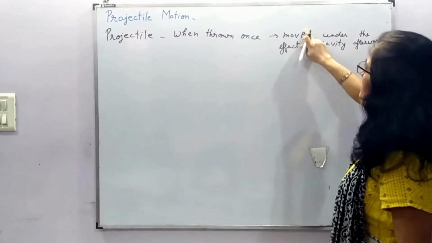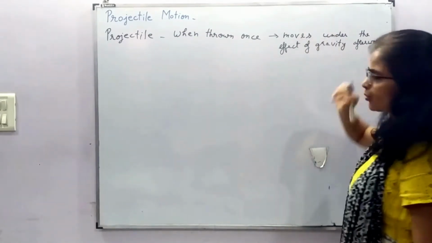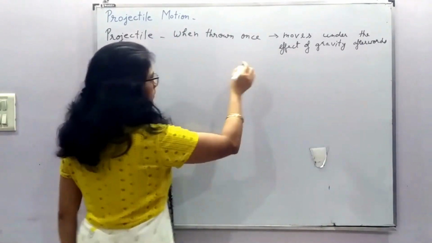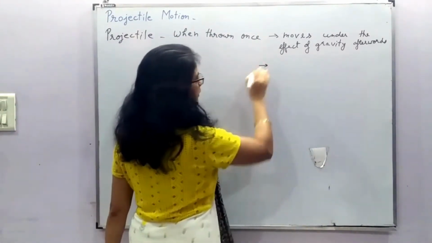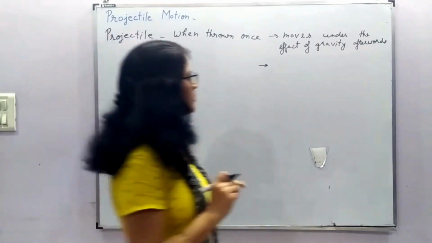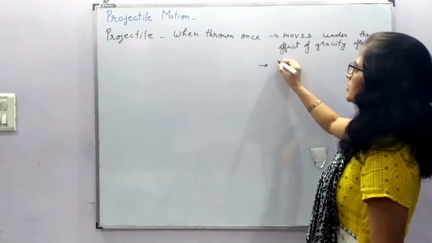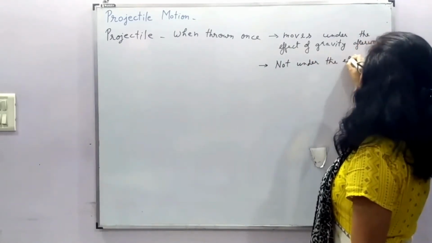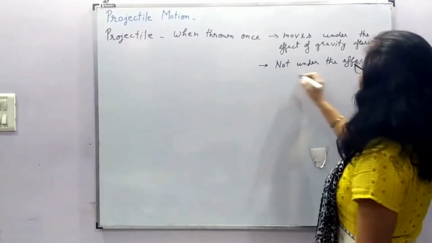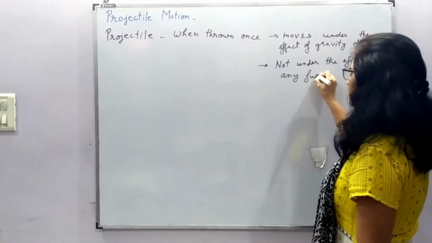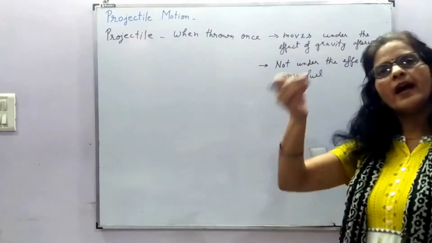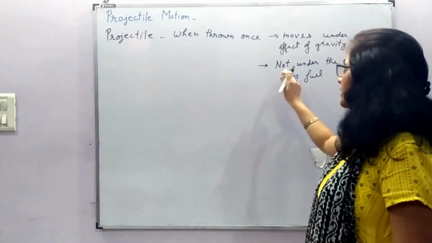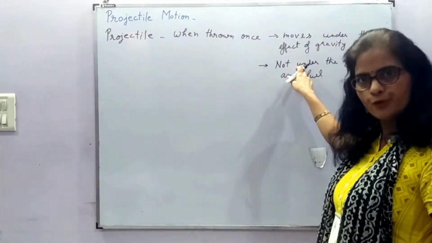So this is the first important point, that when this body is once thrown, it moves under the effect of gravity afterwards, not under the effect of any fuel, right? So it has to go by itself once thrown. First thing. Second thing, that means it must not be propelled by any fuel.